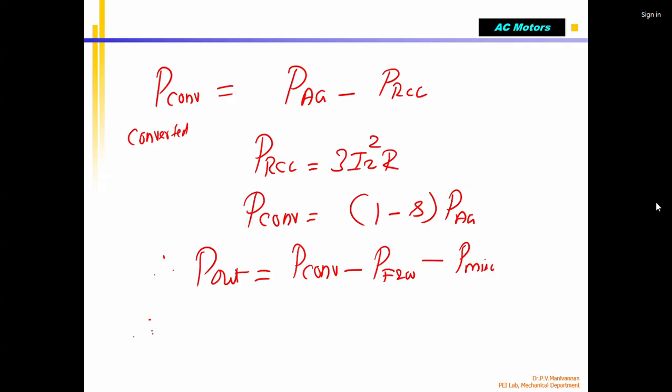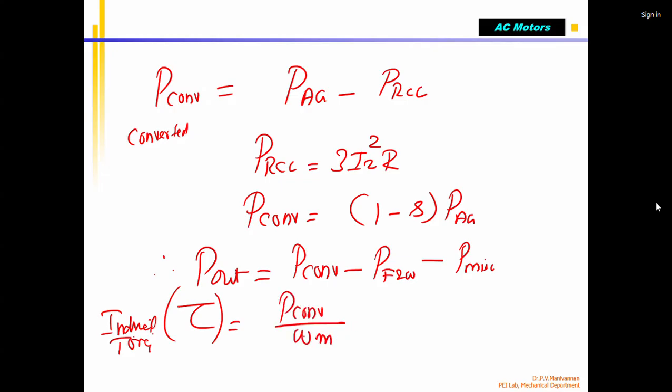So lastly, the induced torque tau equal to P convert divided by omega m.